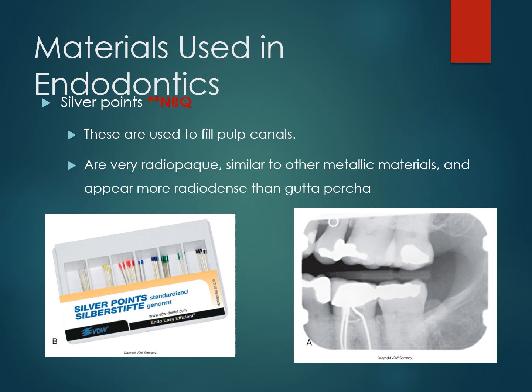So you'll hear a lot of patients talk about how someone had a root canal and then they had to turn around and have the tooth pulled. Well, it's possible that they had it placed with silver points instead of gutta percha because of the way that they are. And then the other thing is with silver points, because they're more firm, they were easier to place down into those root canals.